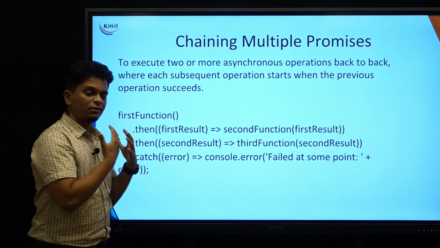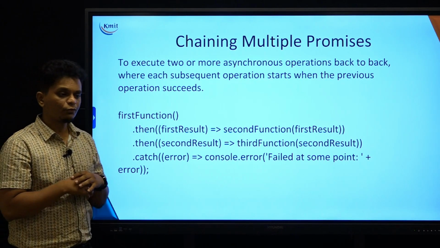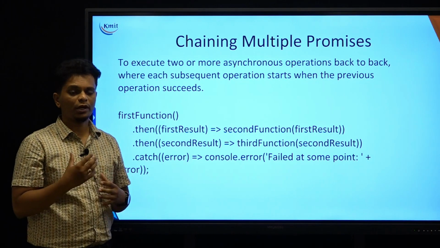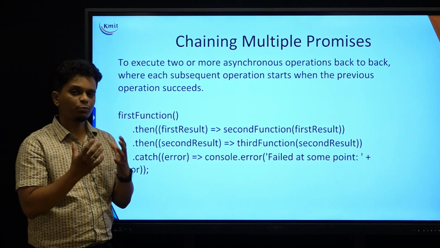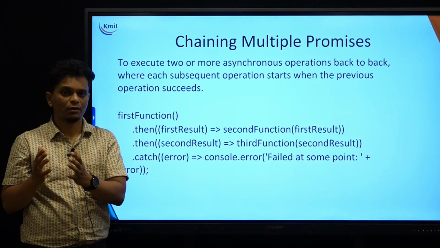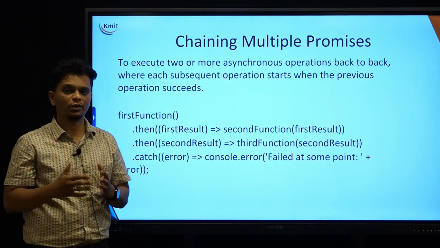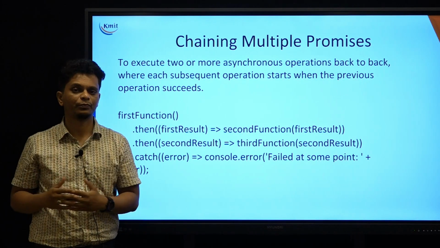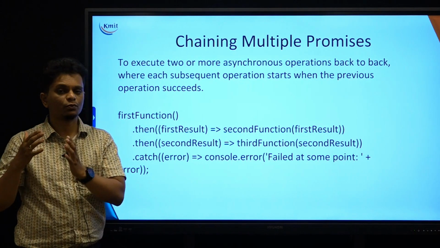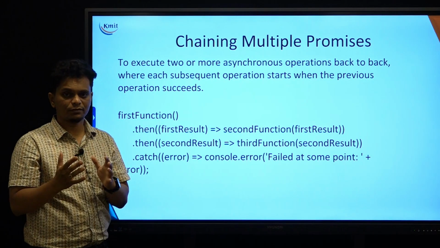Then things get interesting with chaining multiple promises. We can chain multiple promises where you can assign each promise to a designated operation. So suppose we have promise 1 for operation 1 and promise 2 for operation 2. Now promise 2 will wait for promise 1 to give the result.